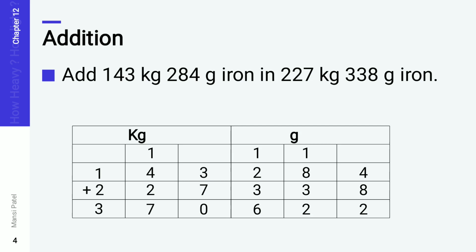Now what about the subtraction? How we can do the subtraction? To solve the sum of the subtraction, the same method is there. Let us see. Next one is the subtraction. In this, what do you want to do?